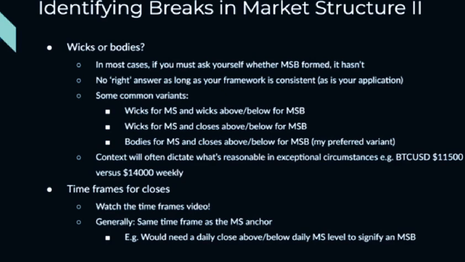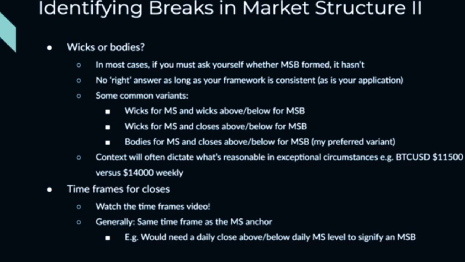As for wicks or bodies, there's no right answer, in my opinion, as long as your framework for ascertaining breaks in market structure is consistent. Some common variants: the first is using wicks to delineate market structure, and a wick above or below constitutes a break.